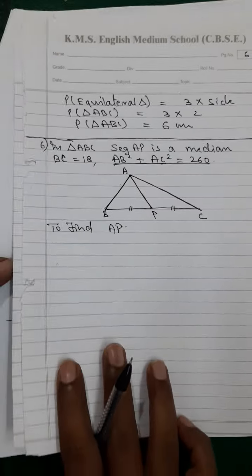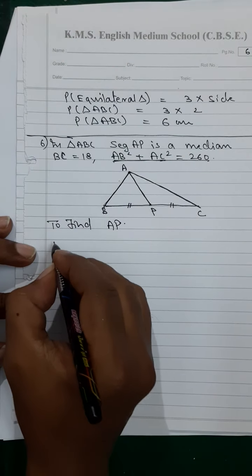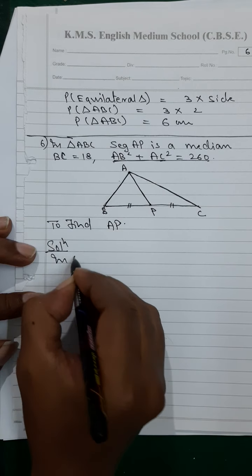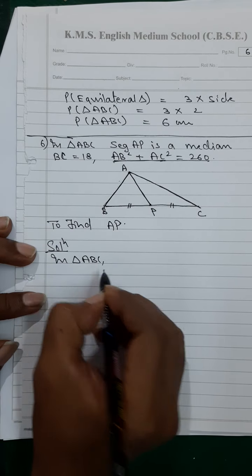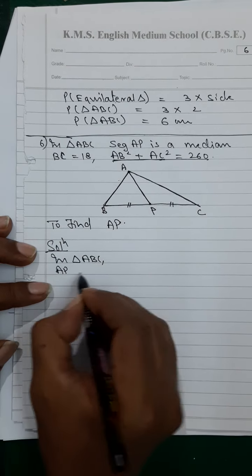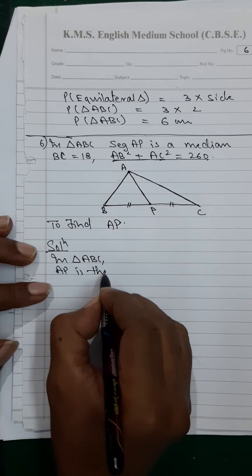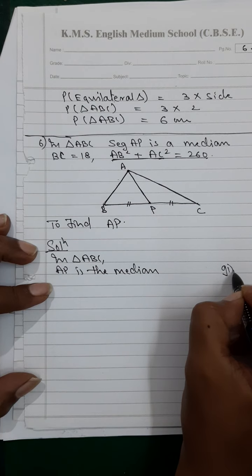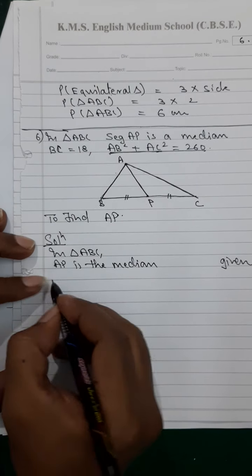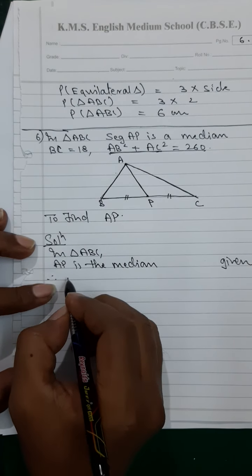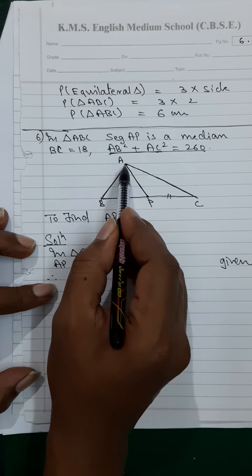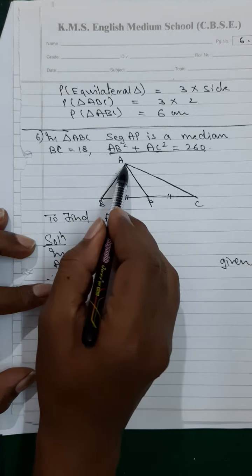Now this is going to be very easy. In triangle ABC, they have given AP is the median. Therefore, by Apollonius theorem, AP is a median, so P is the point on the side and A is the vertex of the triangle.